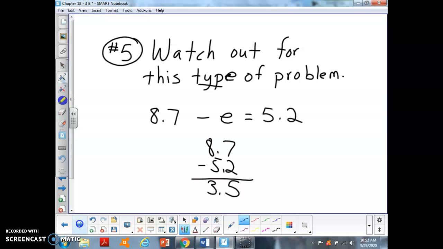So we can't do e minus 8.7 equals 5.2. That will not work. That's changing the whole problem. So the simplest way is just take your 8.7 and find the difference between the two to get it.